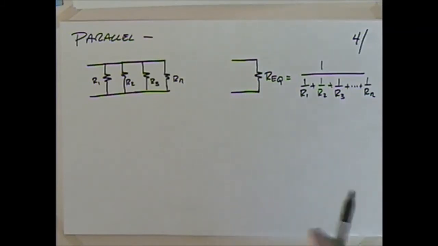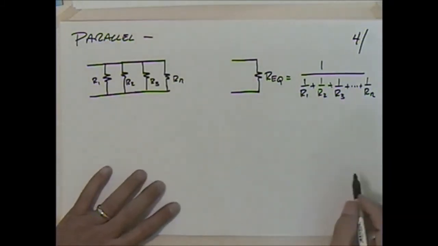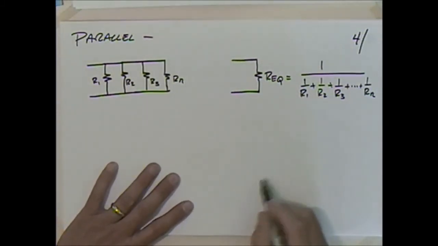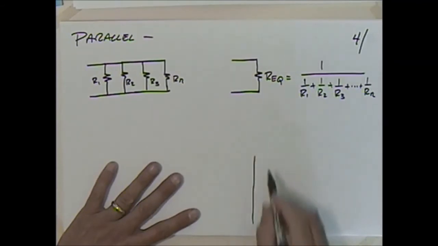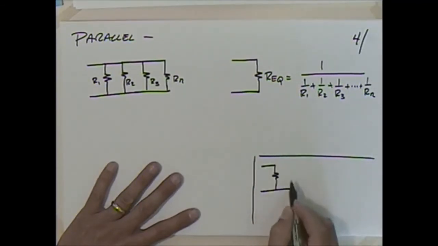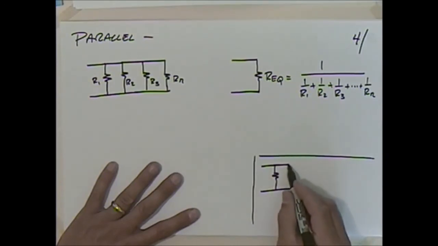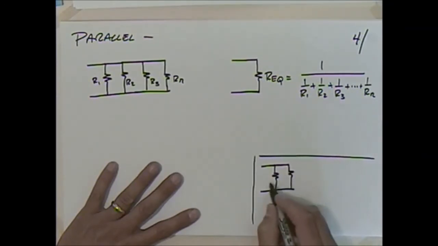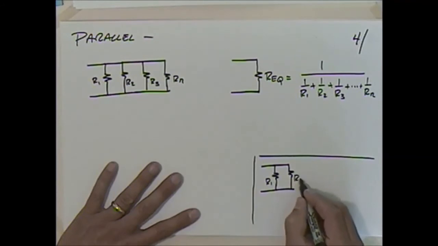Okay, and there's an interesting case that comes up if we have two of these. So let me put in a side here. Let's say I just have two resistors. That sometimes comes up, R1 and R2.